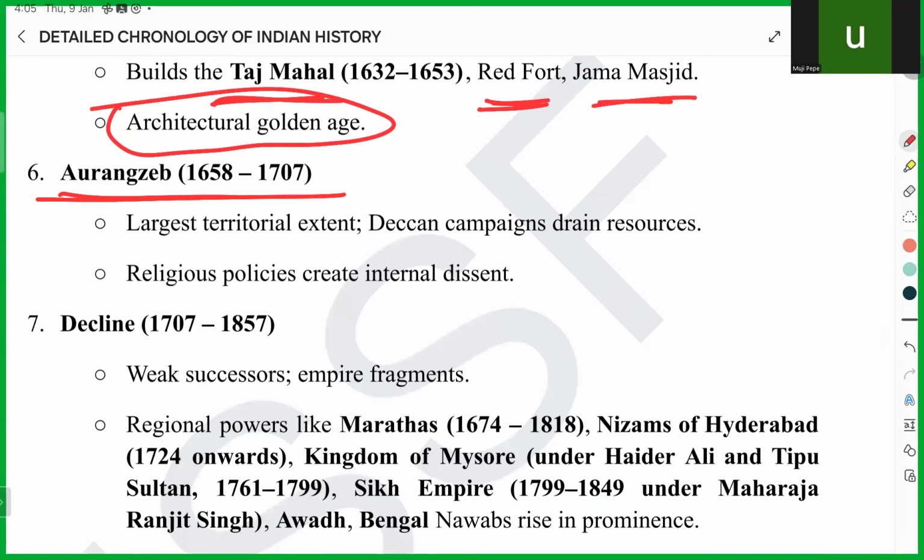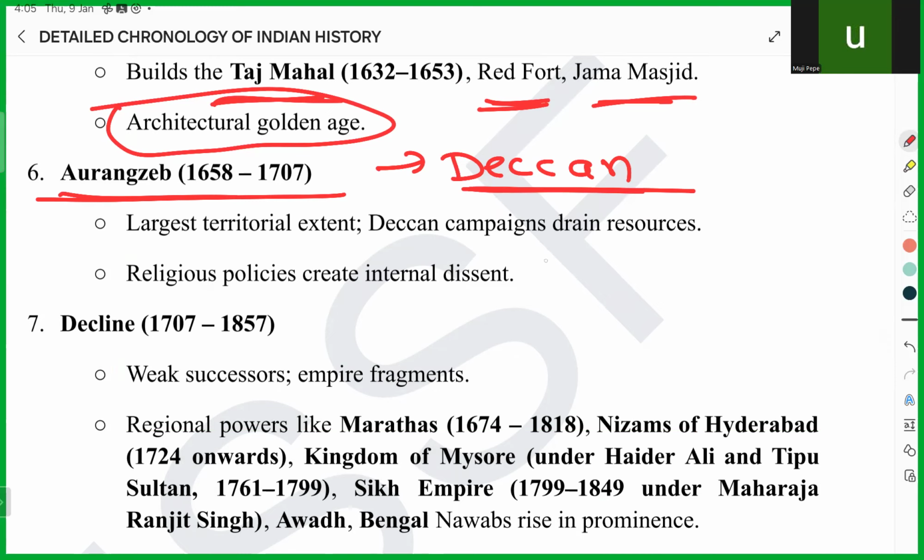Aurangzeb was the last great ruler of the Mughal Empire. He had a long campaign in the Deccan and he died at the age of 90. His son died before him, 2 years before him, and he rebelled.